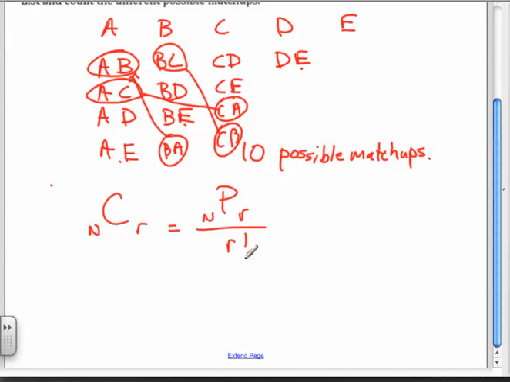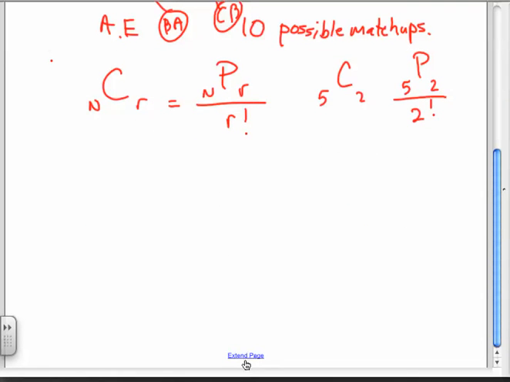In this one, it was 5 teams, right? And we are choosing, how many are we choosing? 2. We're choosing 2, right? So that's going to be P of 5 choose 2 over 2 factorial. Well, let's see what we get. That's going to be 5 factorial over 5 minus 2 factorial. That's what P is, right?